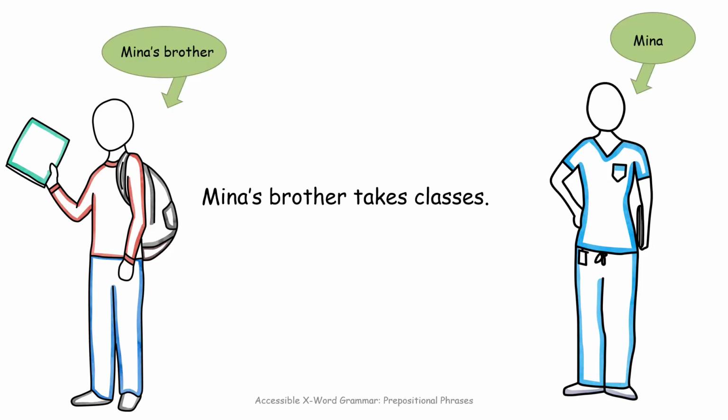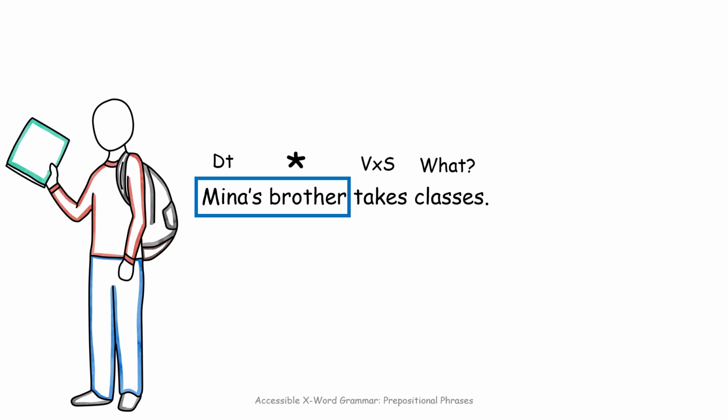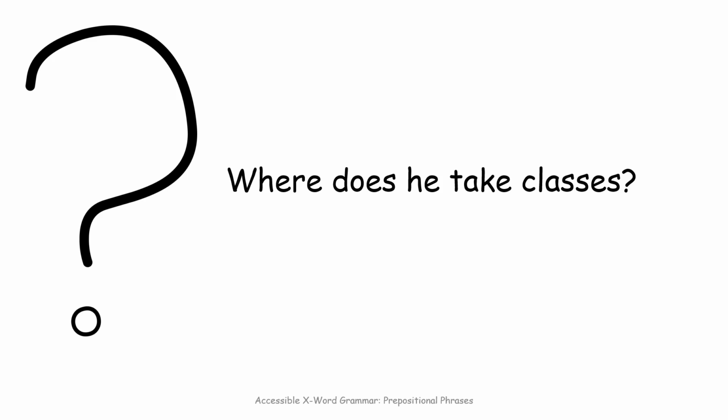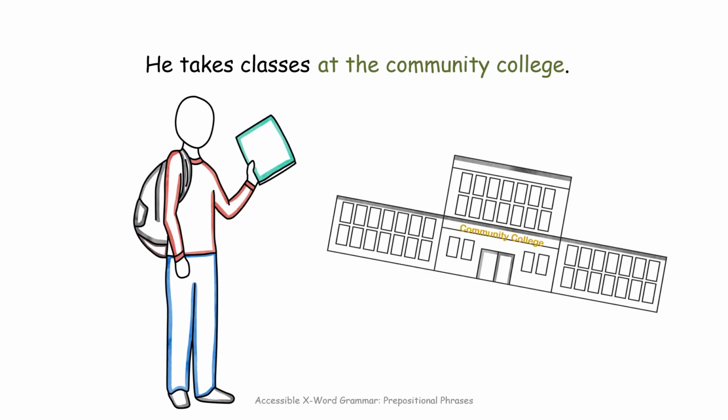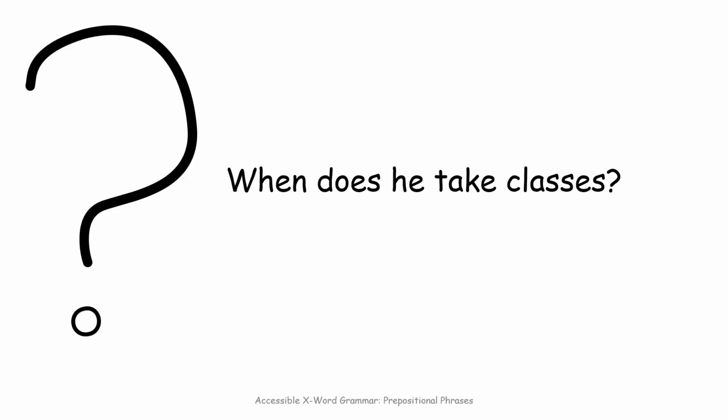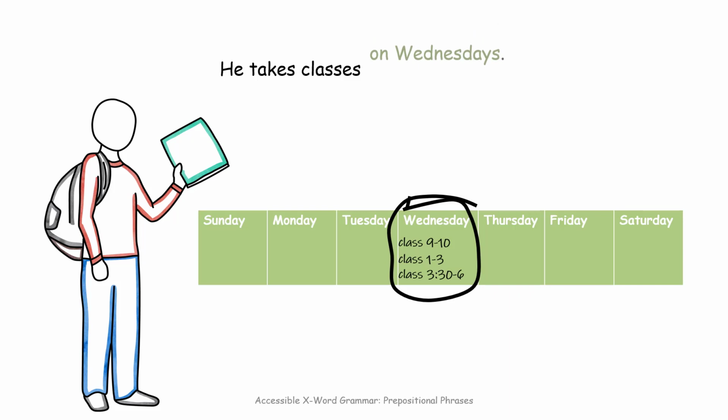Look at this example. Mina's brother takes classes. Here we have the subject, verb, and object, or what. Where does he take classes? He takes classes at the community college. When does he take classes? He takes classes on Wednesdays.